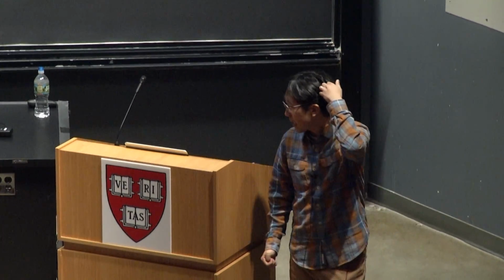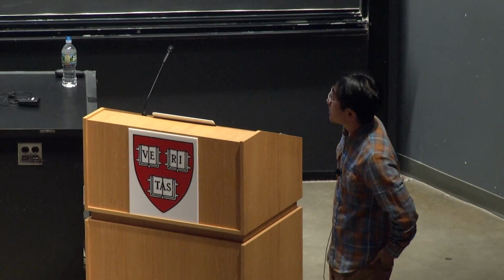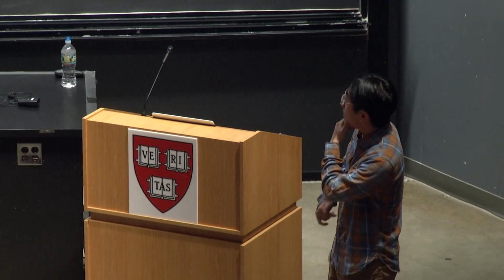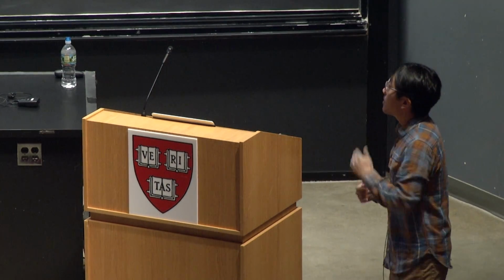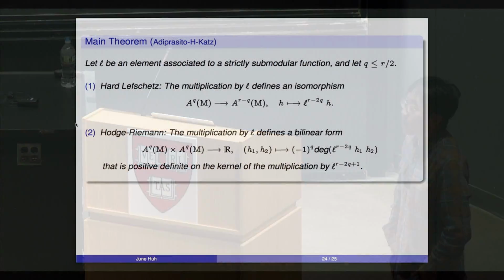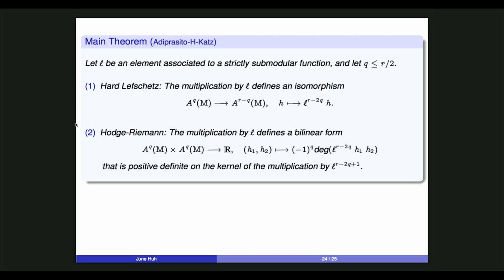And the second, the more subtle statement, is the Hodge-Riemann relation. It says that this symmetric bilinear form, the Hodge-Riemann form on the q-graded piece, for every q at most d over 2, is positive definite on its primitive subspace, the kernel of the multiplication by L to the d minus 2q plus 1.